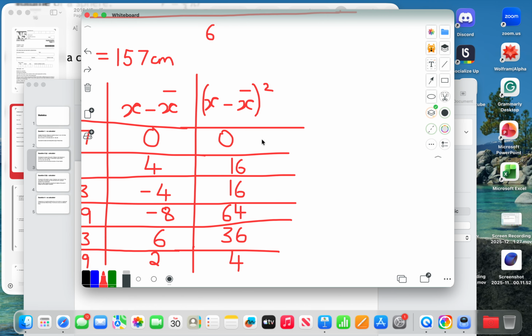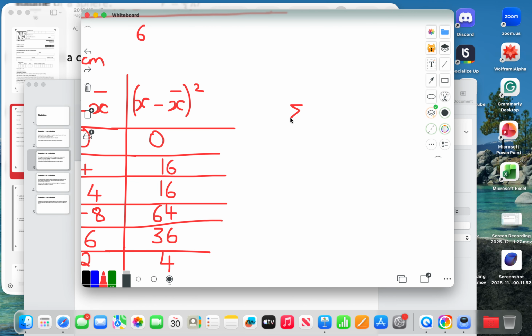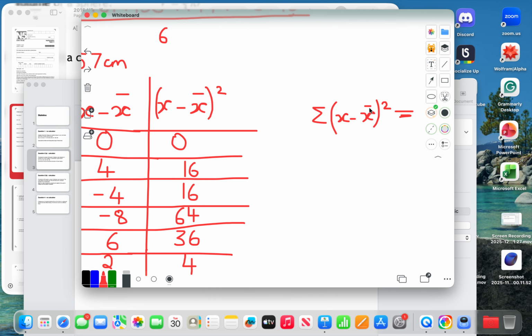Then what we have to do is find this quantity. What this means is it's the sum of the x minus x bar squared. This symbol is sigma, and what sigma is, it's the sum of these x minus x bar squareds.